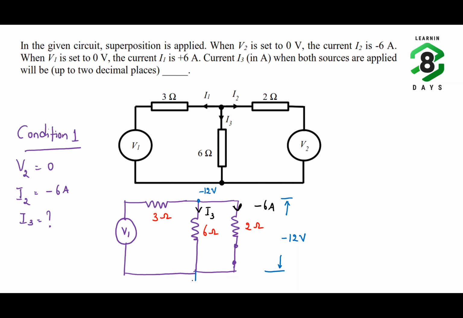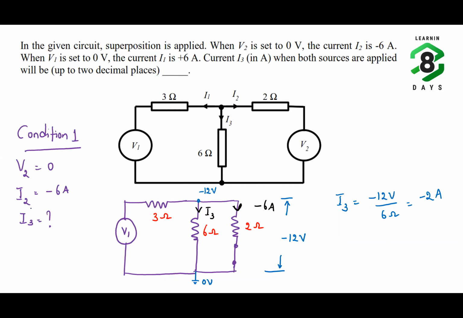Here the voltage is 0. So what will be now my current I3? The current I3 will become minus 12 volt divided by 6 ohm. What will be this value? It will be minus 2 ampere. So because of the source V1, the current I3 is minus 2 ampere.